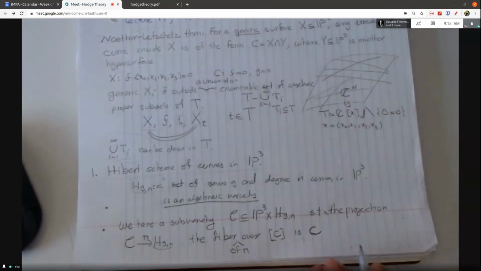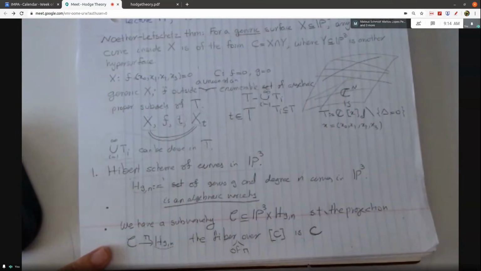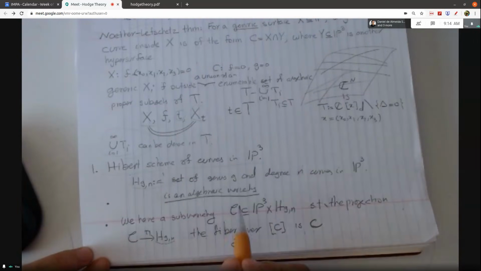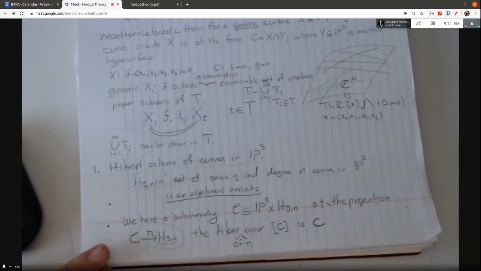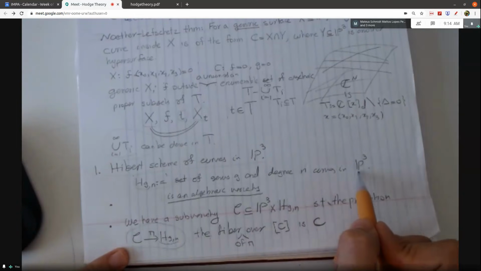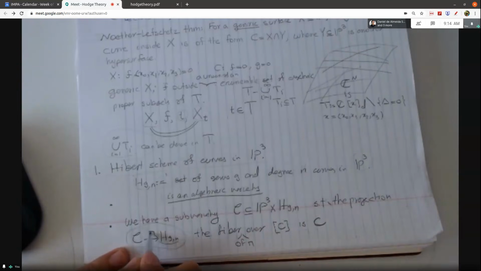So in order to make a rigorous statement, one has to really go to the construction of Hilbert scheme and so on. But at the end of the day, what we will need exactly is that we will have a family of curves. So just take in mind this one. We have a family of curves over HGN such that all curves of genus G and degree n in P3 are fibers of this.